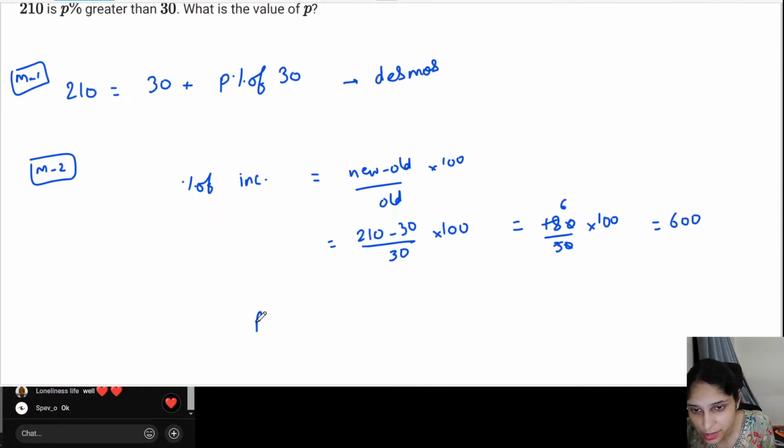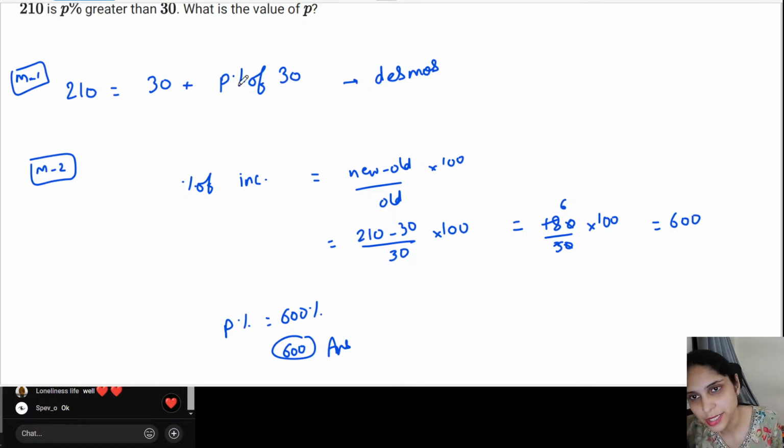So value of P is 600. So it is actually 600% greater. Because P% is equal to 600, P is 600. This also you can put in Desmos and you will get the value of P.